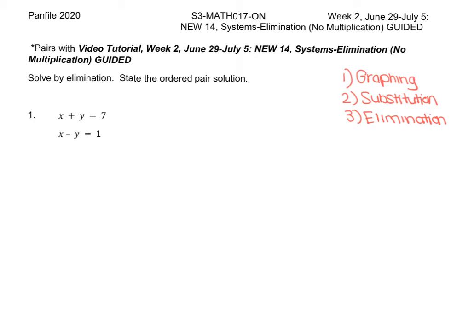I swear they teach you in this order because if they taught you elimination first, no one would learn the other 2 methods, because I believe it is by far the most efficient. I don't want to say easiest, because easiness is relative to people.